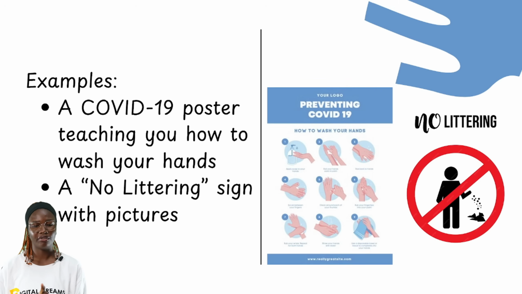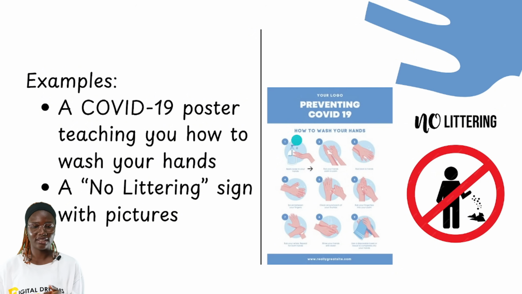Example, we have a COVID-19 poster teaching you how to wash your hands. Then we have a no littering sign with a picture. So instead of just writing it on plain paper, you have a sign that you can see anywhere. And once you see that sign, this means please do not litter the environment.